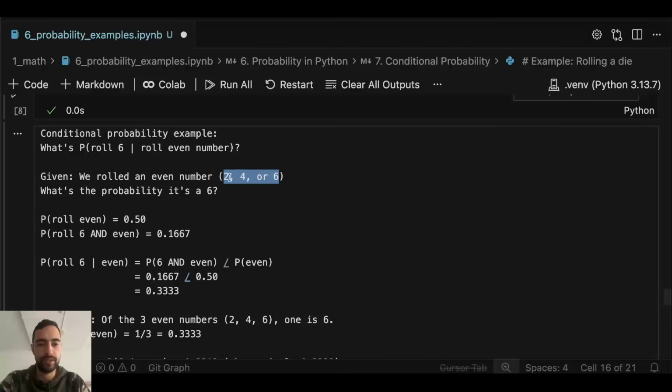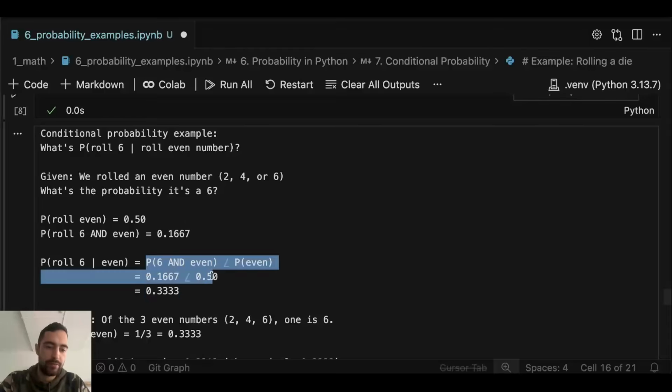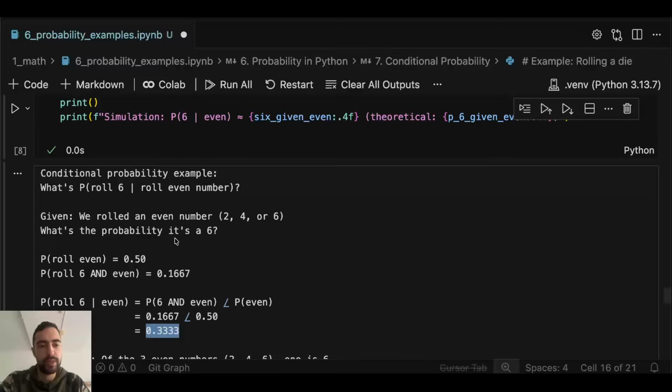So that's what we will get in the result, 1/3 or 0.3333. And if we check the formula, it will actually come out as 1/3. So the probability of getting 6 given that we got an even number is 1/3.